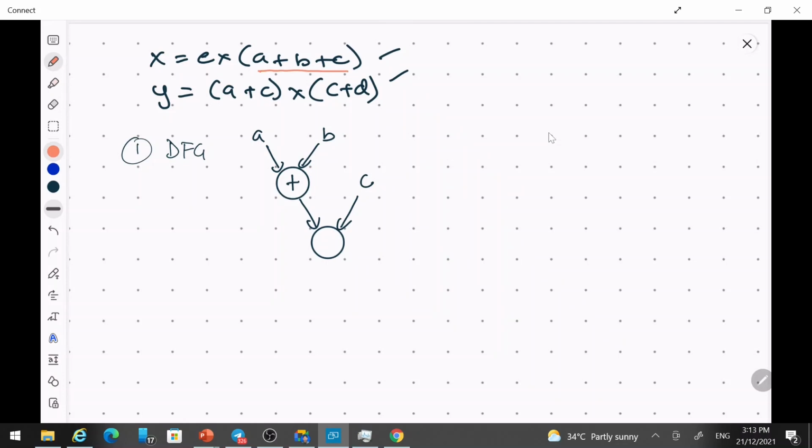So this is again an add, and we multiply everything by e, so we can have the multiplier, we have e, and we can have x at the output.